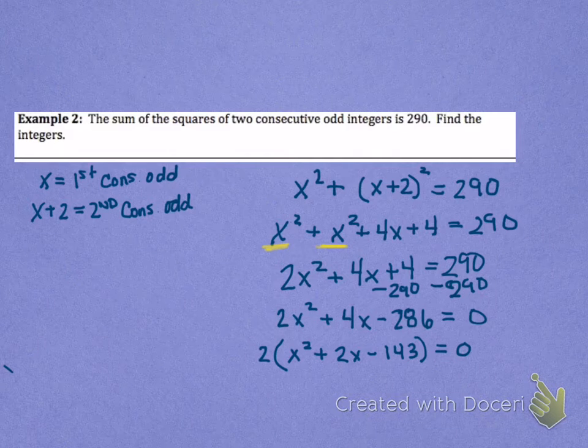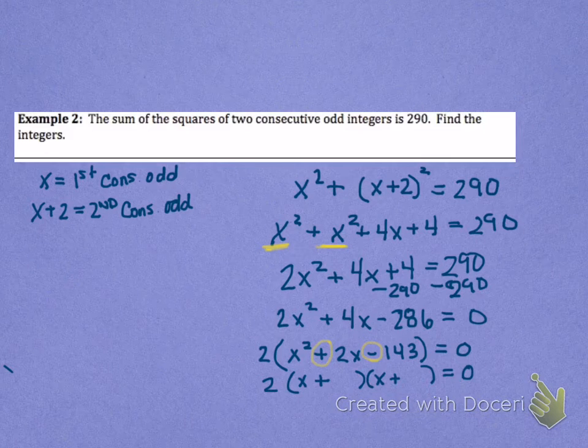And we want to factor our trinomial into two binomials. Now, first term is x squared, so it's x times x. Because the second sign is minus, that means that our signs are alternating. And because the middle term is positive, it means our higher factor needs to be positive. So we're looking at factors of 143, or negative 143, that will give us a sum of 2.